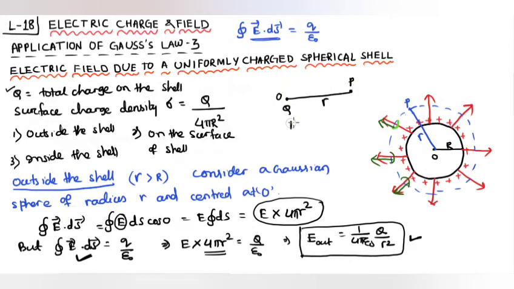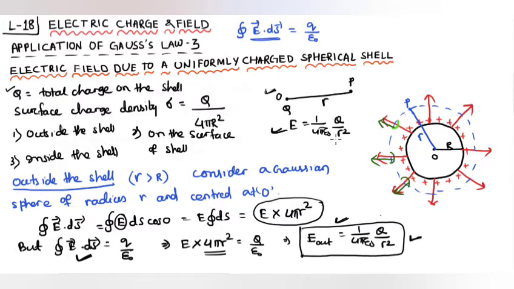Then what is the electric field at this point P? 1 by 4 pi epsilon naught q by r square. Is that clear? So this expression is the same as this expression. In this case the charge is distributed over the surface of the shell, but in this case we have a point charge at point O, and this point P is at a distance r.